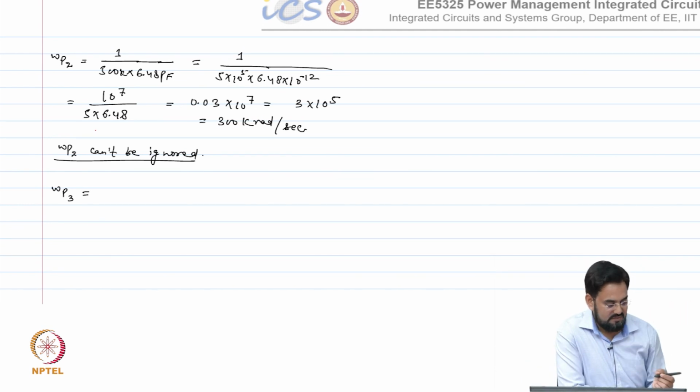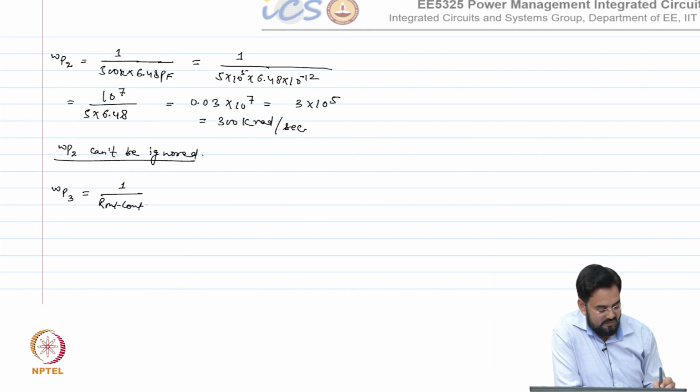So assume C out equal to 10 picofarad, and what is R out?